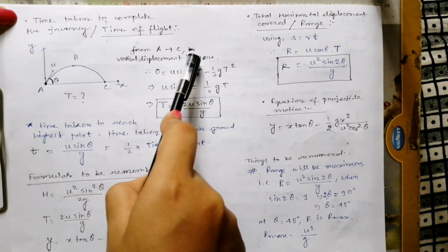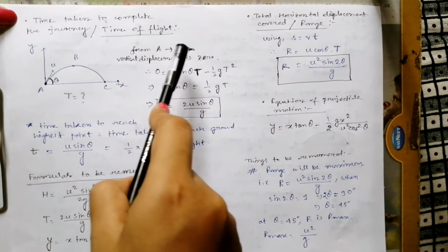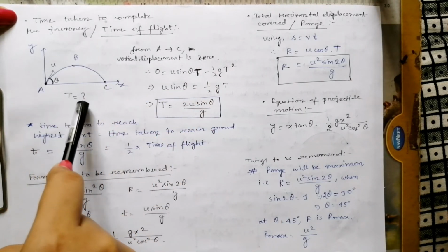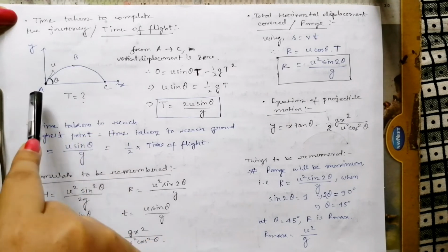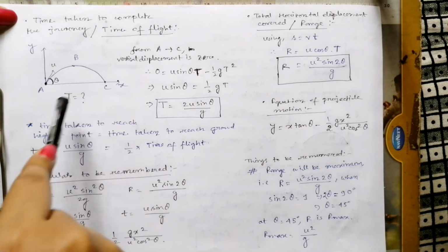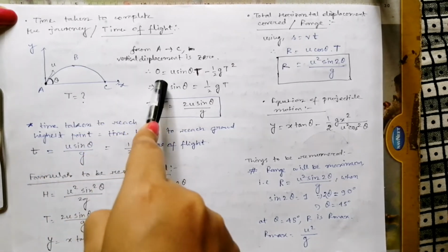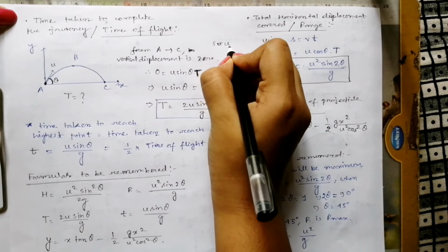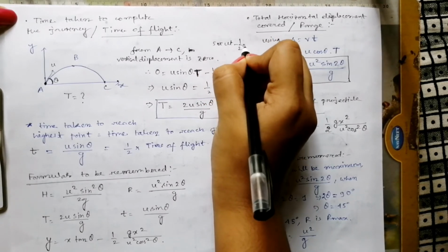So if you see that journey of the particle from point A to C, the vertical displacement is 0. So if I tell you that to complete this whole journey it takes time t, then I use the formula s is equal to ut minus half gt square.